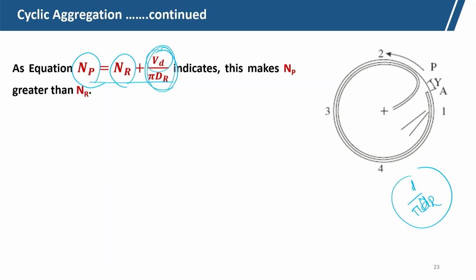So, that makes the peeling point rotation added. So, Npr is greater than the Nr, that is for normal withdrawal.